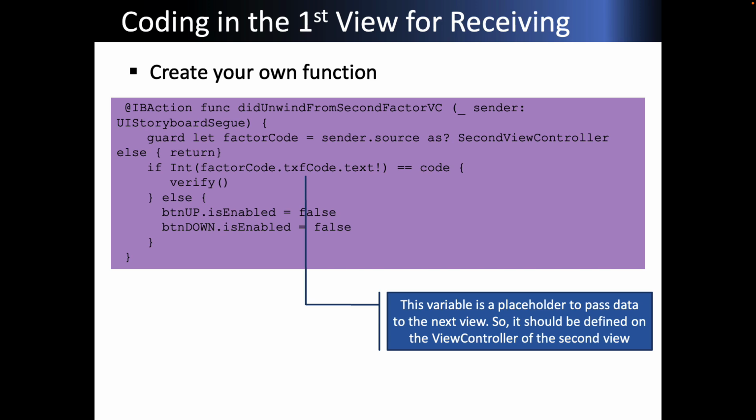And back in the first view, then you have to receive it, right? There is a function you need to define, didUnwind from second factor view controller, and the sender is of type UIStoryboardSegue, and then you receive a factor code.